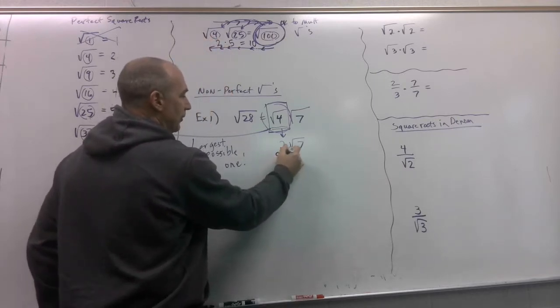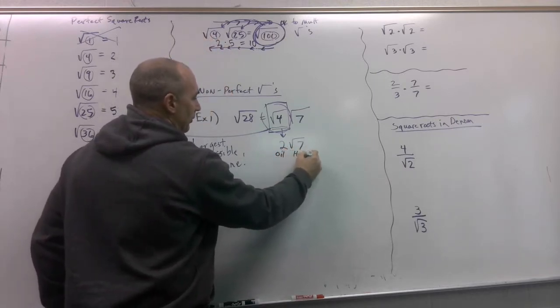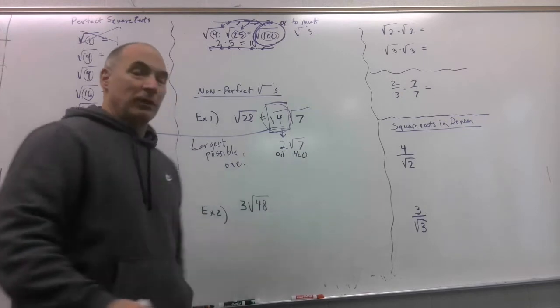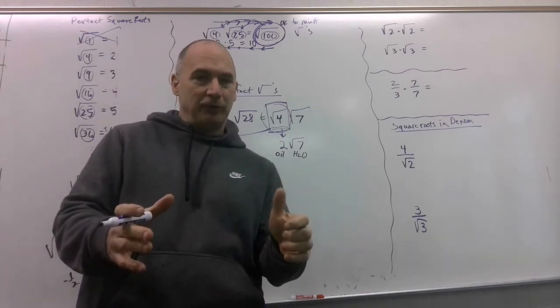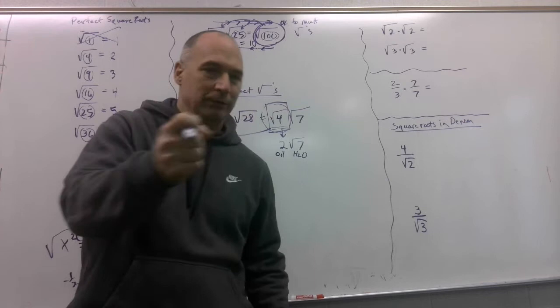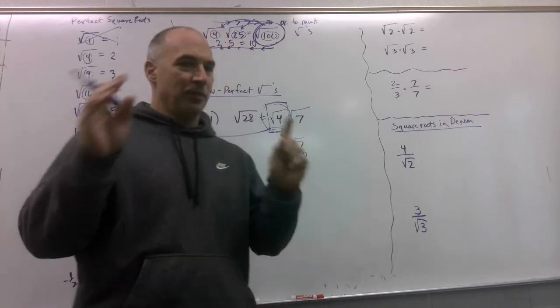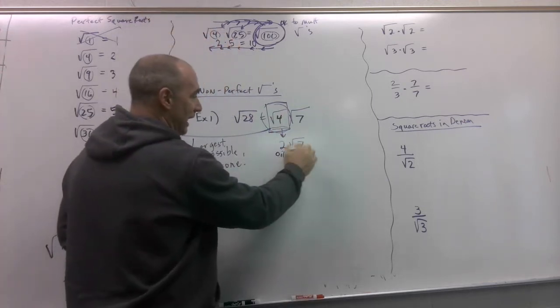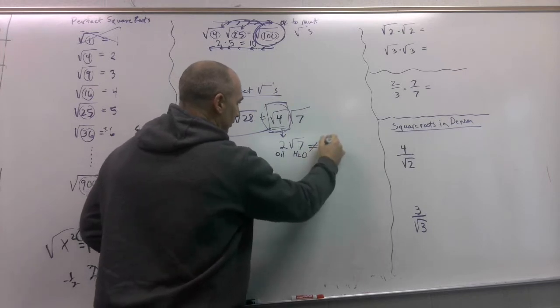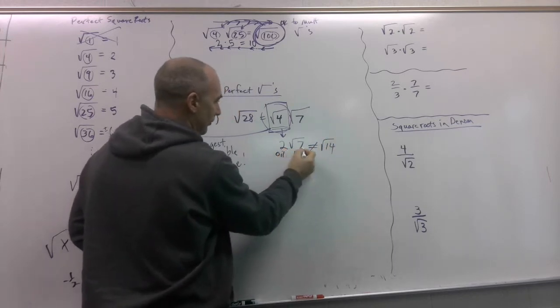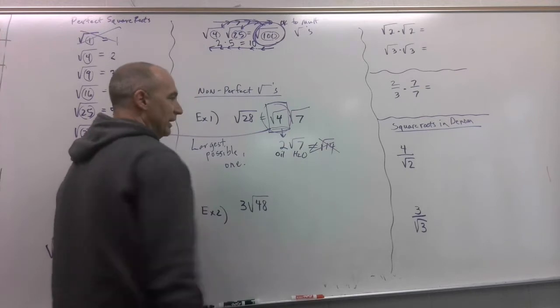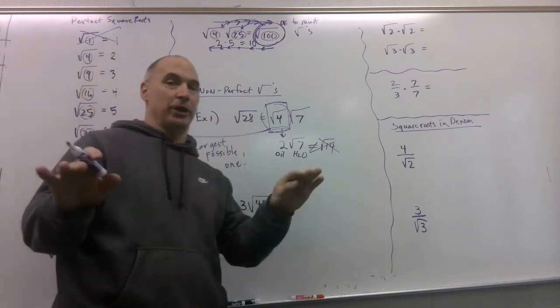You're going to hear me refer to this as oil, and I'm going to refer to this as oil. If I take a bucket of oil, half full, and I pour some water in it and stir it, it won't mix, okay? That's true for this. You cannot make this the square root of 14. This times this does not equal the square root of 14. It just doesn't, so don't go there.